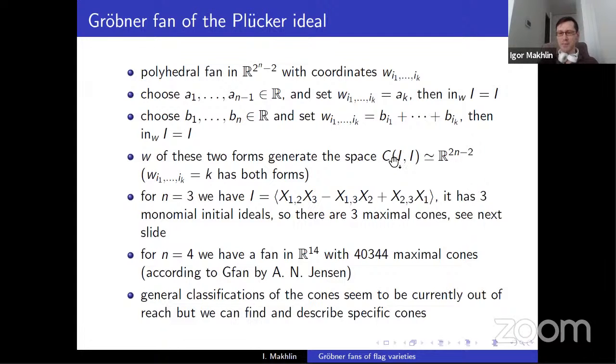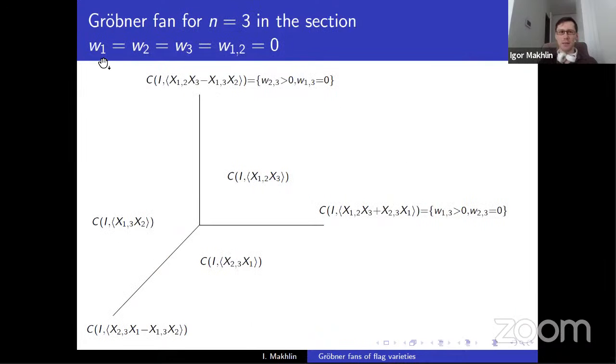It is a 4-dimensional space, which is generated by these 4 coordinates. And so we may consider the corresponding section. It will be a 2-dimensional section of a 6-dimensional fan. And I'm saying that outside of these 2 dimensions, nothing interesting happens. It is a product of the fan that we have here on this picture and of a 4-dimensional linear space. Just multiply this by a linear space and you have the Gröbner fan.